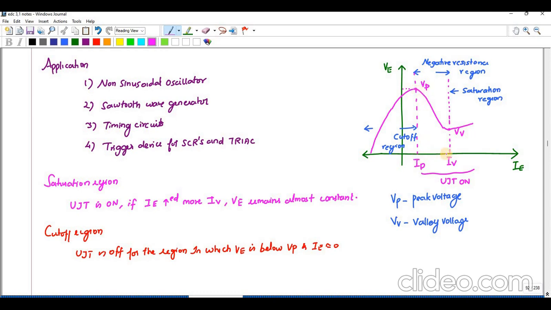If I increase the emitter current, the resistance decreases, thereby VE also decreases. So this region is called the negative resistance region. We cannot further decrease VE once IE reaches the point called IV. After that VE remains constant. So this region is called the saturation region.